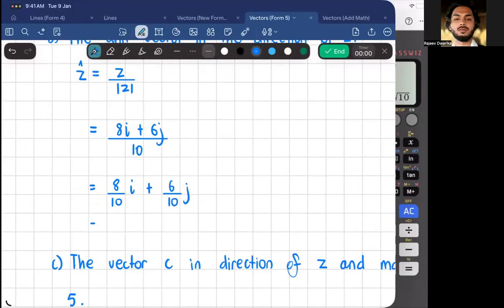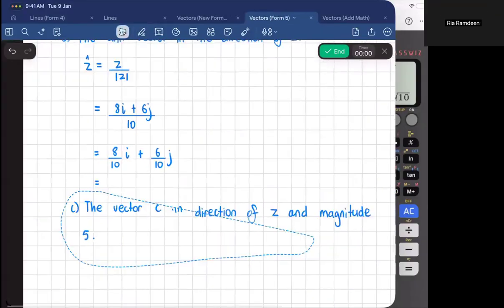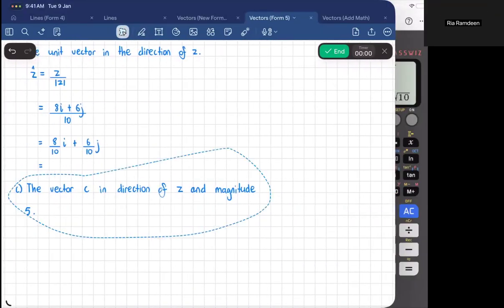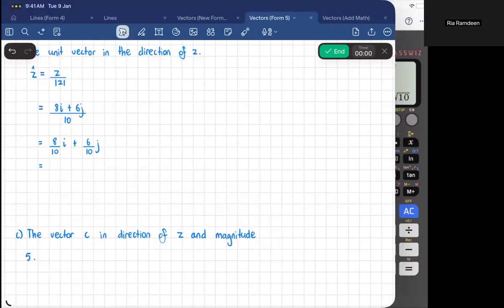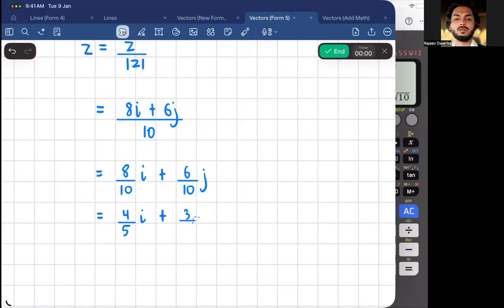We could simplify this. What is 8 over 10 if you simplify it? 4/5. Right? So we're going to end up with 4/5 i, right? Plus what? 3/5 j. Yes.